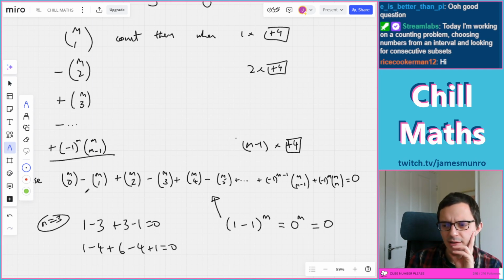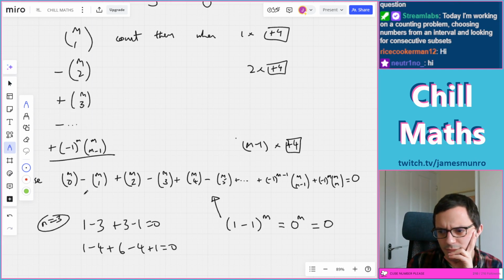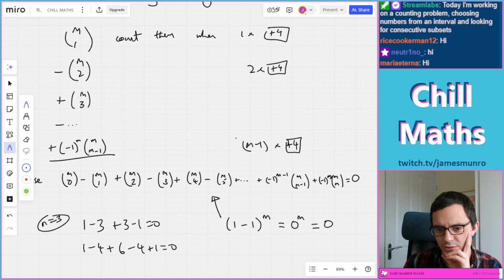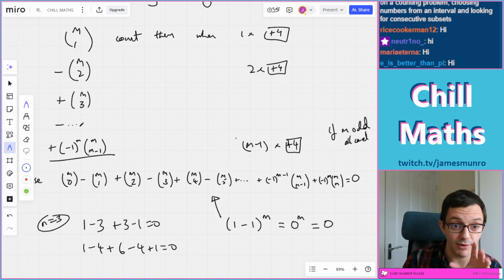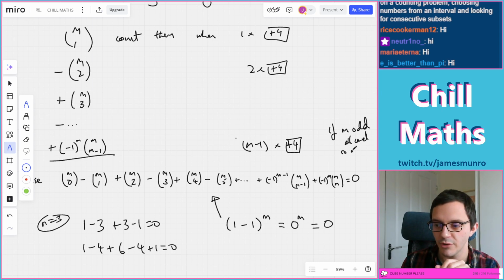So this says something like, if m is odd, then this first and last term cancel, like in this example, 1 minus 1. If m is odd, then this all cancels. I get 0. So this first term and the last term cancel, and everything in the middle is what I've got so far. So add plus 1. So add this. The next term should have a plus 1 in.